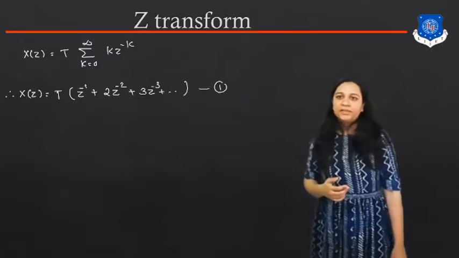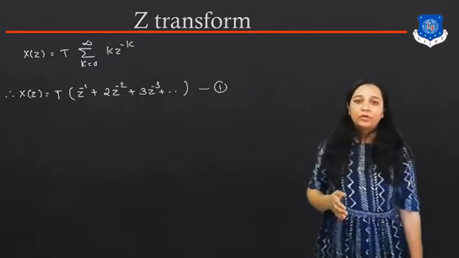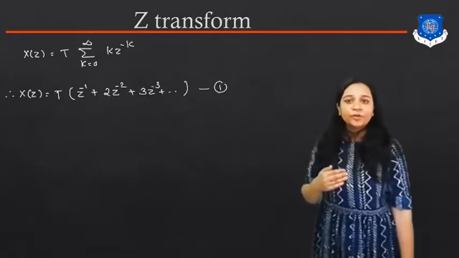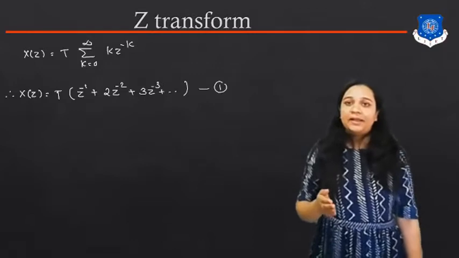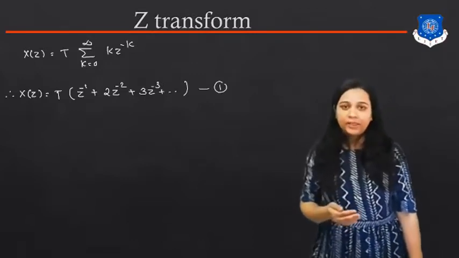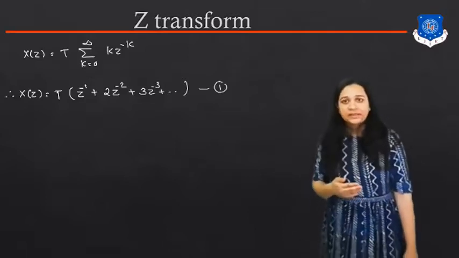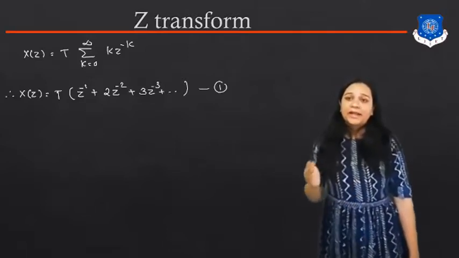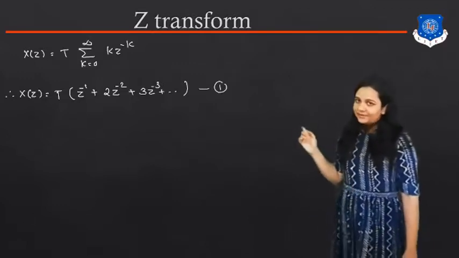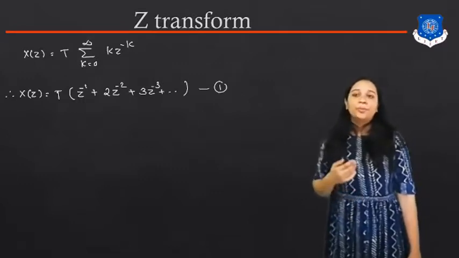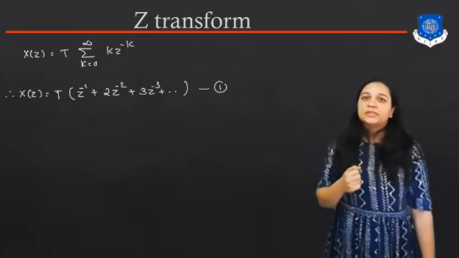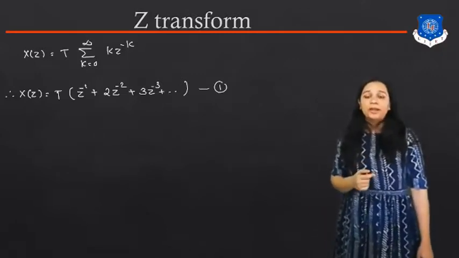Now we take out the common term t, so t times the summation of k from 0 to infinity of k z raised to minus k, because only the value of k is varying. Now we get x of z equals t times the bracket z raised to minus 1 plus 2 z raised to minus 2 plus 3 z raised to minus 3 up to infinity. This is my equation number 1 for the unit ramp signal.